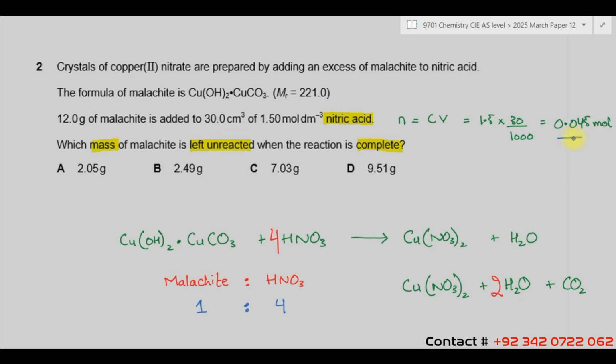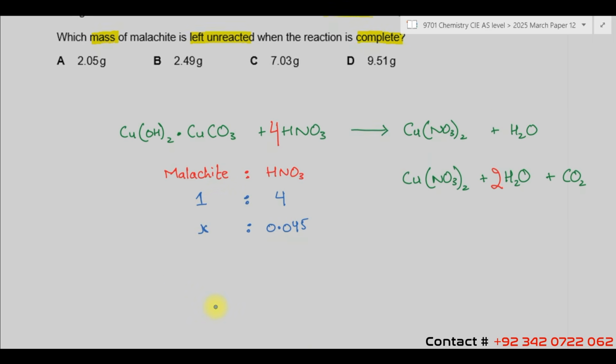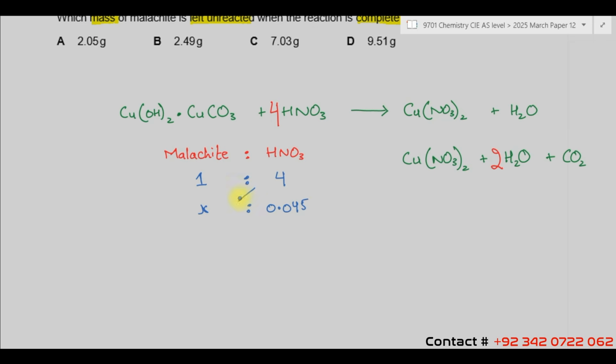We have 0.045 moles of nitric acid. Let's find out how much malachite is needed to react with this. So we can cross multiply, find the value of X, where X is the moles of malachite.